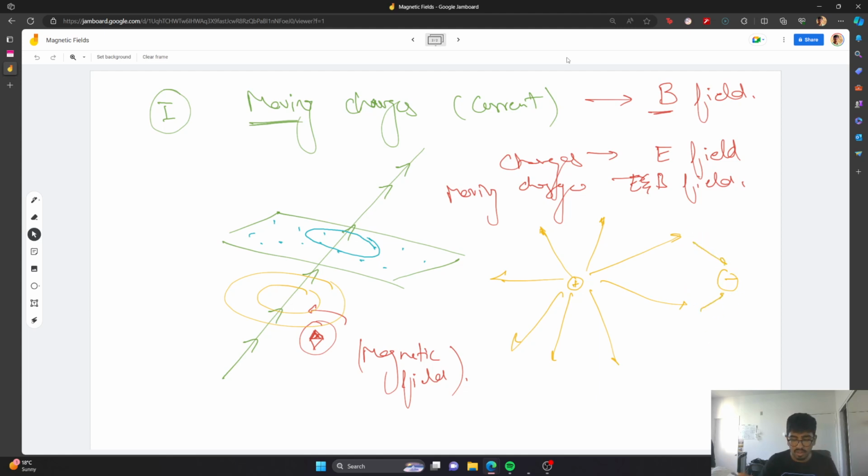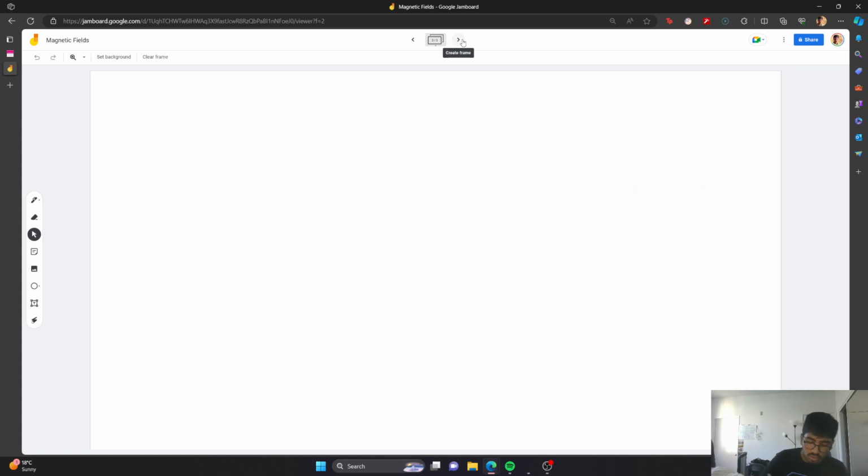That's what we have seen. But in opposition to this, let me draw it on the next one. So in opposition to this, if we have say X like this, X means that the current carrying conductor is going into the paper. So imagine it as an arrow, right? Our arrow analogy. So there is a cross sign at the back, right?